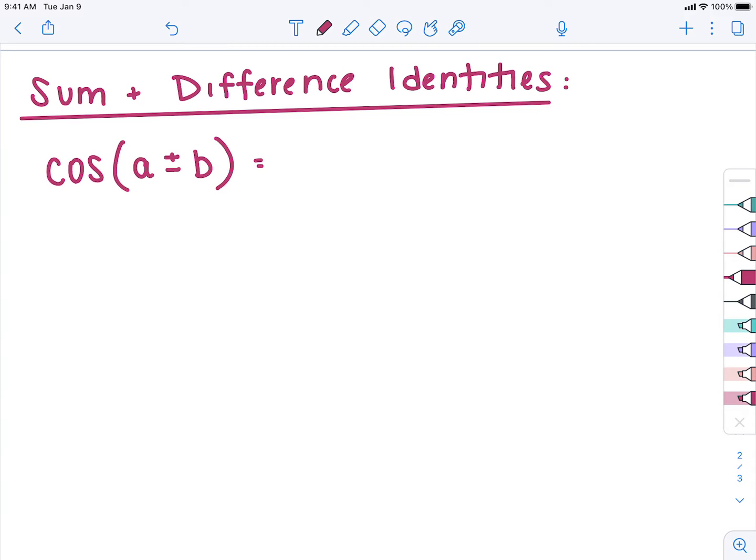Either way, when we go and do that, then we're going to find the cosine of A times the cosine of B. Now, if you added in the first part, you're going to subtract here. If you subtracted in the first part, you're going to add.